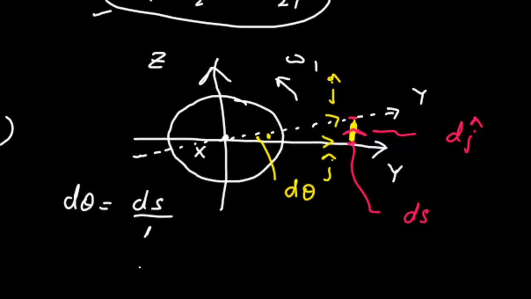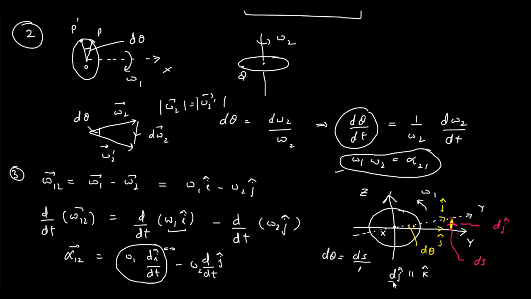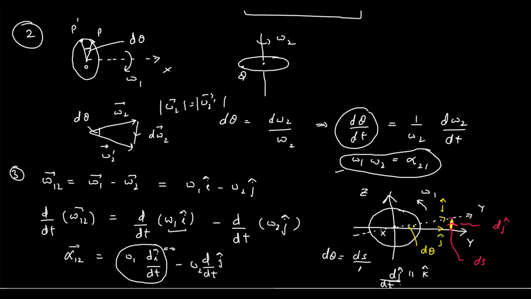Clear? Now here this dj cap is parallel to z-axis. Here you can see that this dj cap is parallel to k cap, or you can say that this dj by dt is also parallel to k cap. Clear? Because if I write in this form, it will not change the direction of this dj. So here dj cap is parallel to z-axis.